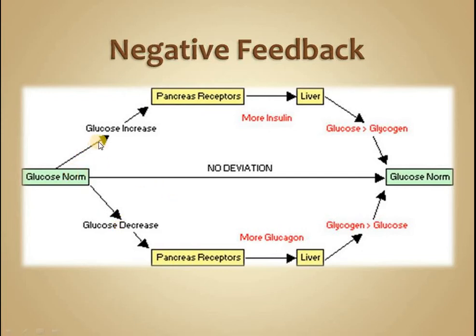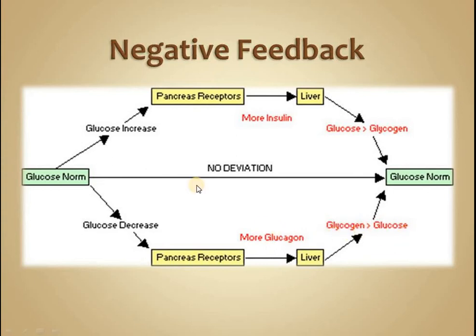So what happens when glucose concentration goes higher than normal? The pancreas is stimulated. It will start to release more insulin, which is again a hormone. It is responsible for conversion of excess glucose to glycogen in the liver and muscles. Now, if I talk about the other stimulus where the glucose concentration is going below normal, again the pancreas is stimulated, but instead of insulin, now it will release glucagon, which is another hormone responsible for conversion of glycogen back to glucose.